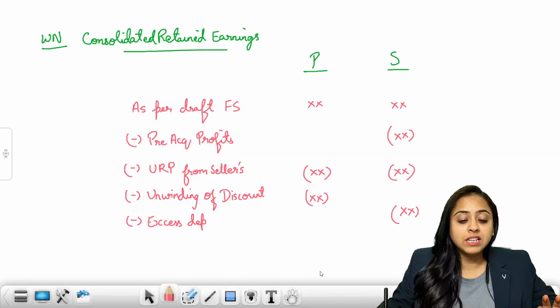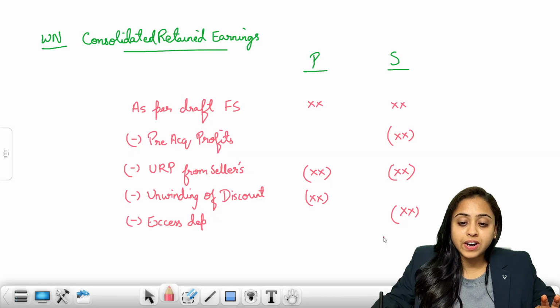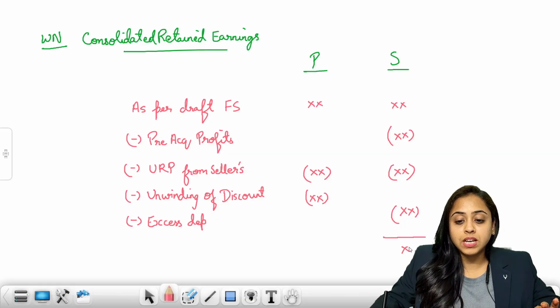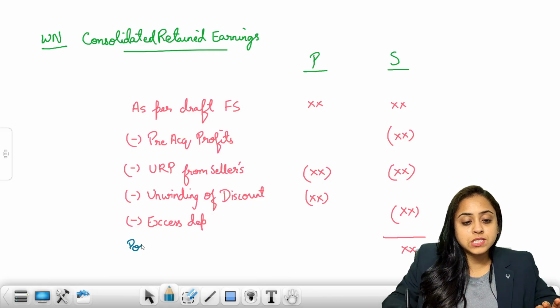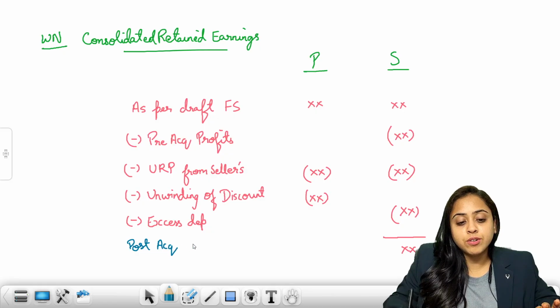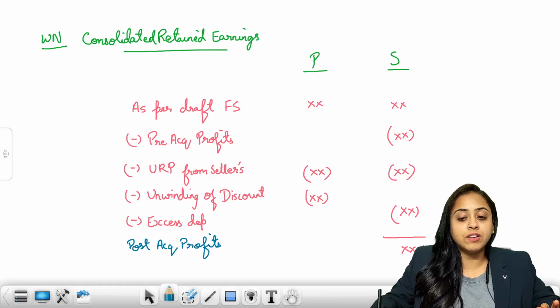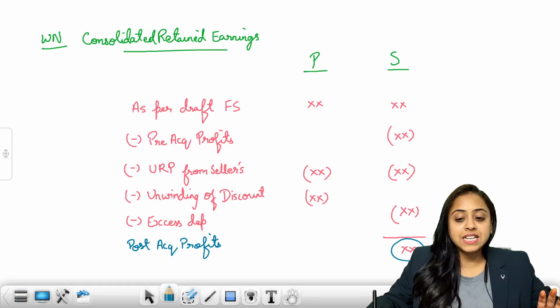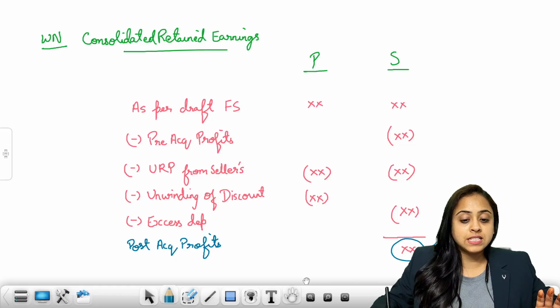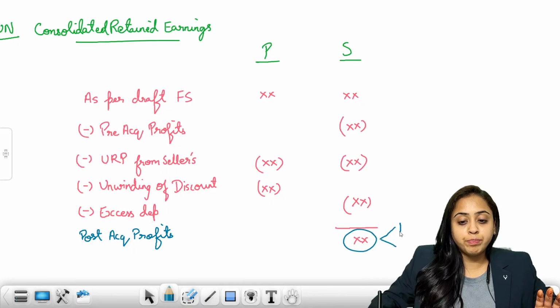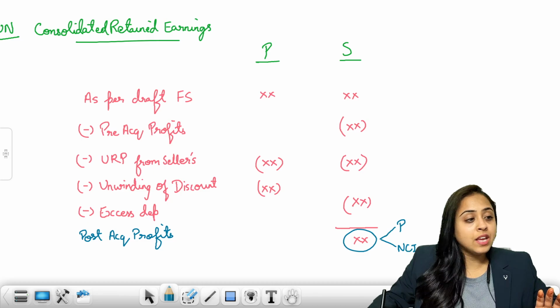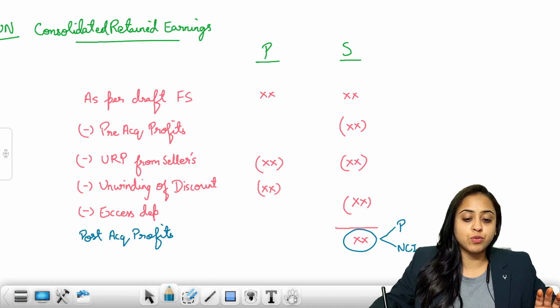The important thing is that whenever you get the final amount, this is known as post acquisition profits earned by the subsidiary. Now interestingly, this is further attributed to parent and NCI with their respective percentage of holding.